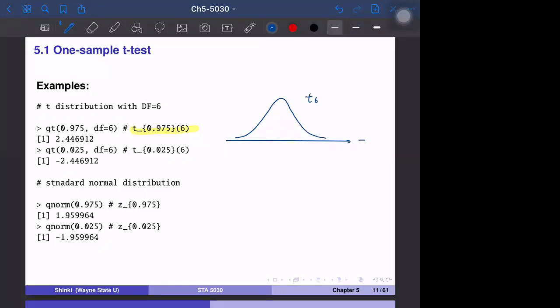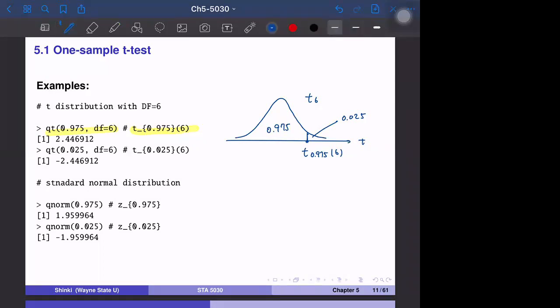Then 0.975, so probably around here. This area is 0.975 and this is 0.025. Then this point is t sub 0.975 of 6. And in our language, we can use the qt function to calculate this.